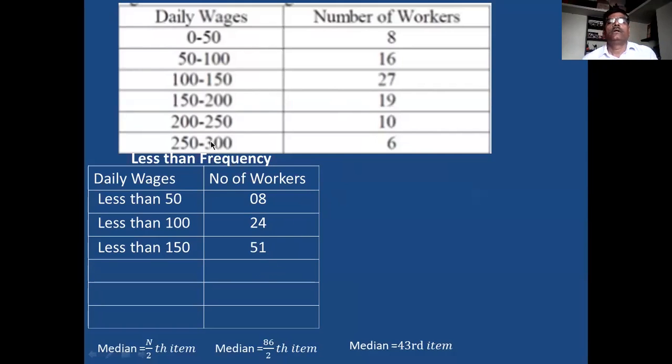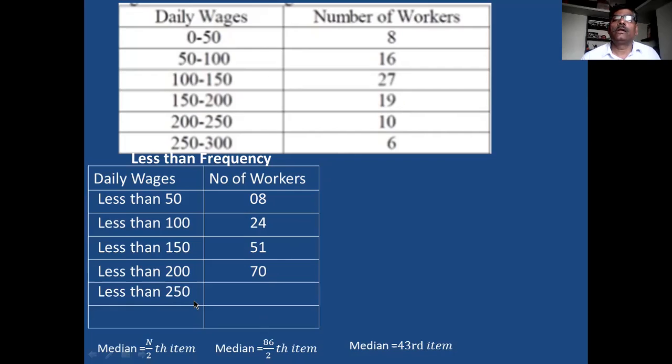Then workers earning less than 200. Less than 200 means 19, 27, 16, 8. All these workers earn less than 200. And less than 250.